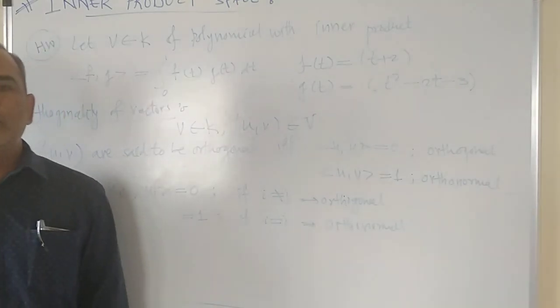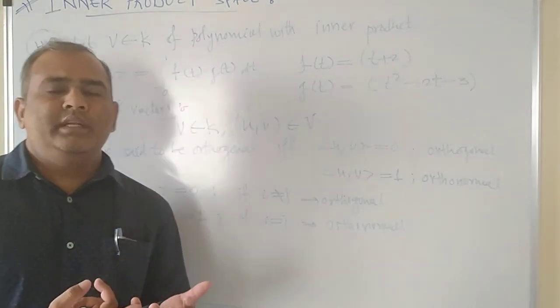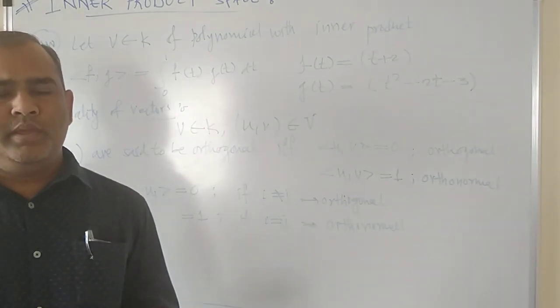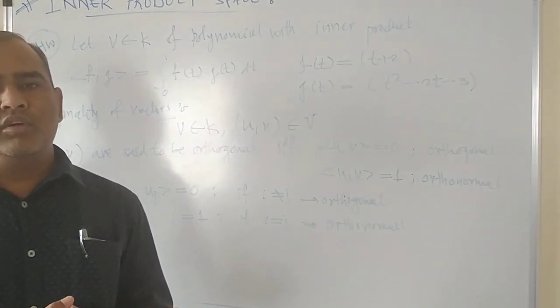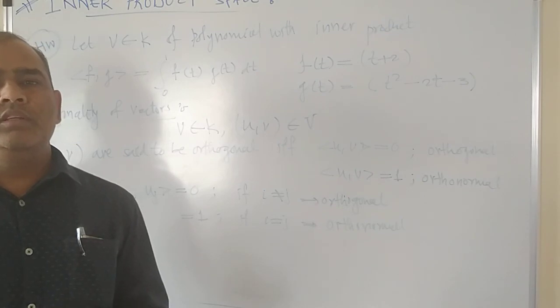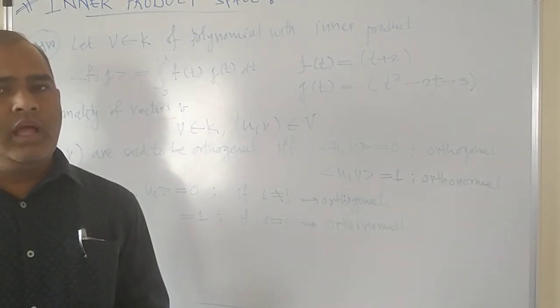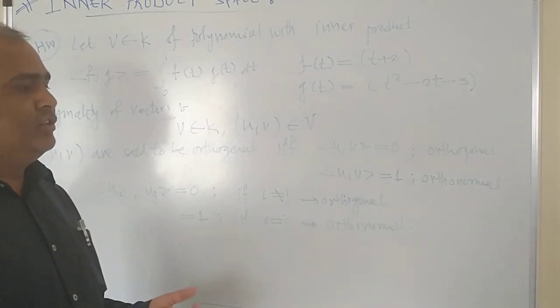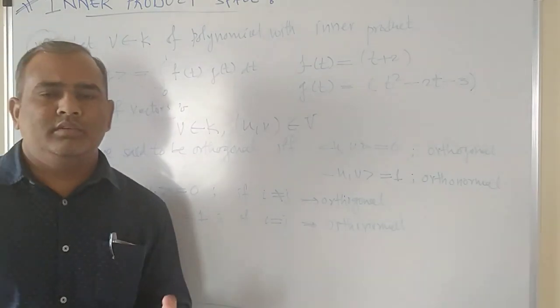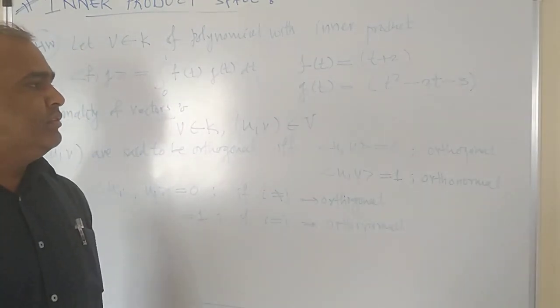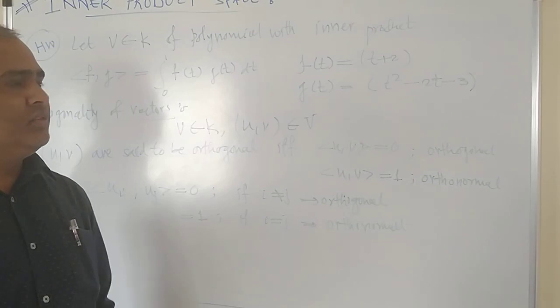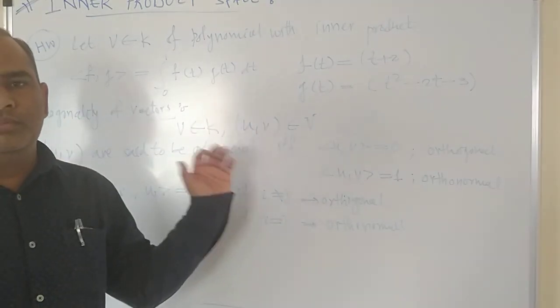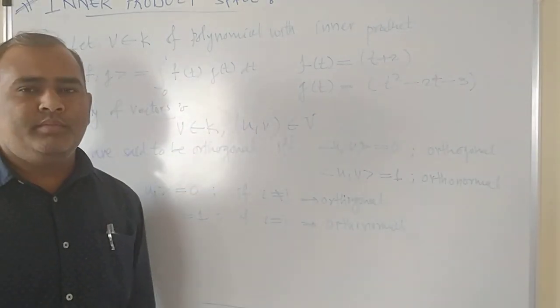I will again reiterate those points. What we have studied is what is meant by inner product space. Second is how to calculate the norm and what is the norm. Third one is how to normalize the vector. And the fourth, two conditions for orthogonal and orthonormal vectors, right? I will request you to read some more materials about these terms and solve various problems based on this.